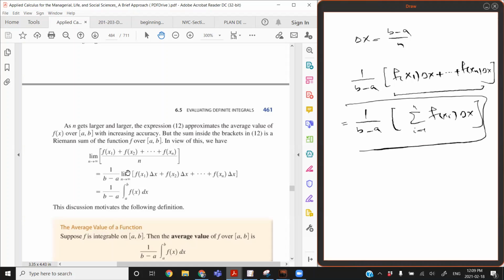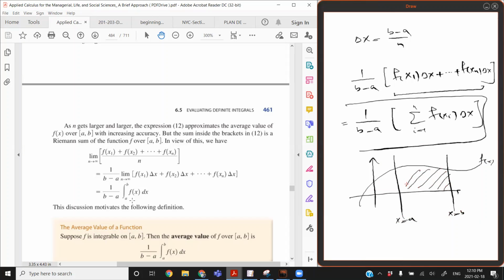However, we know that the limit of the Riemann sum is actually an area. It's the area under the curve. So if you have this function f of x from x equals a to x equals b, then the limit of the Riemann sum is denoted by the integral from a to b of f of x dx, and we know geometrically it's the area of this region here.